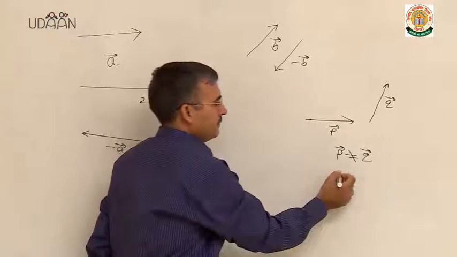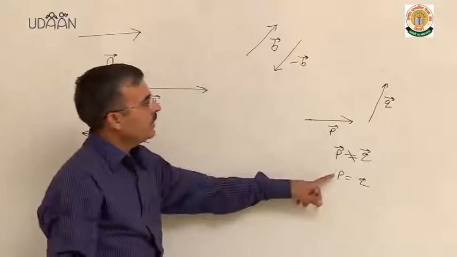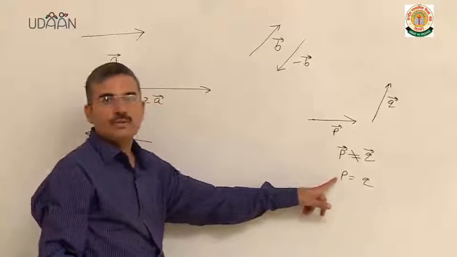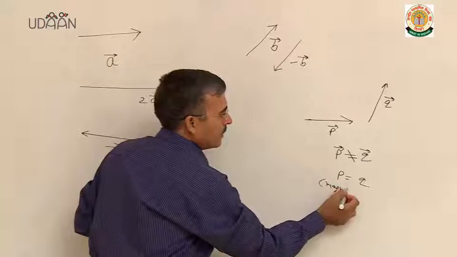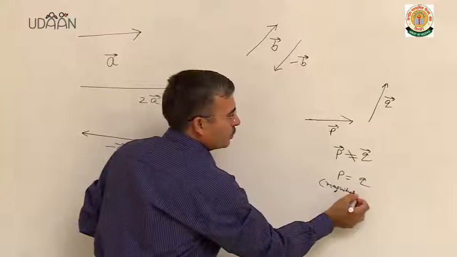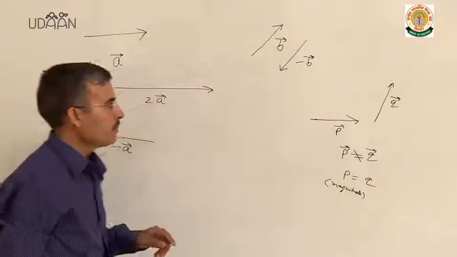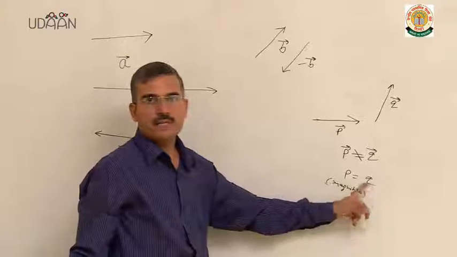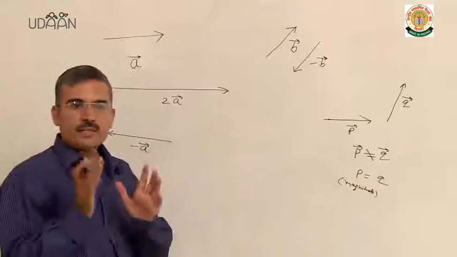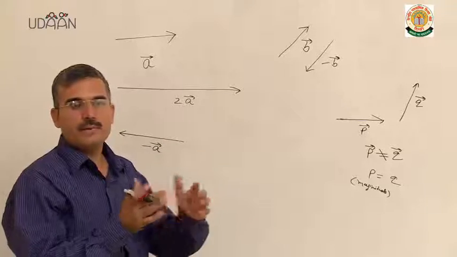But P equal to Q without arrows means magnitude. These are magnitudes of P and Q. So vectors are not equal, but magnitudes are the same. Two vectors will be the same if direction is the same and magnitude is the same.